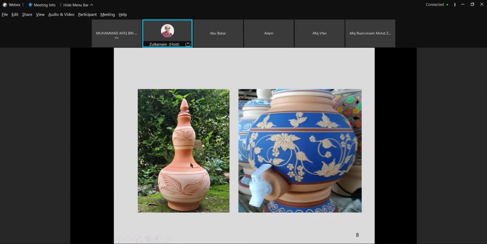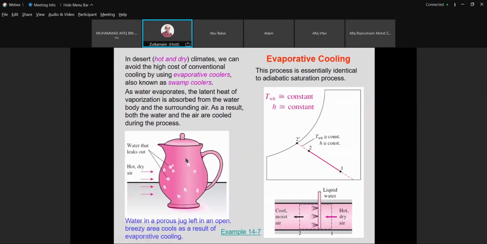And sometimes if you don't have a very smooth surface, you can have droplets of water coming out from the porosity of this labu sayung. So this is called evaporative cooling. This is our jar made out of clay.